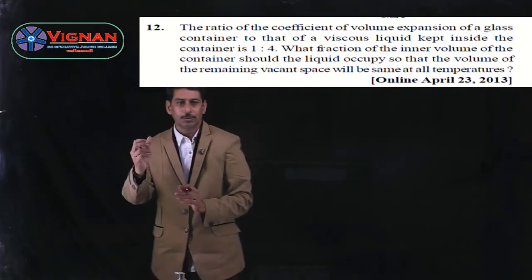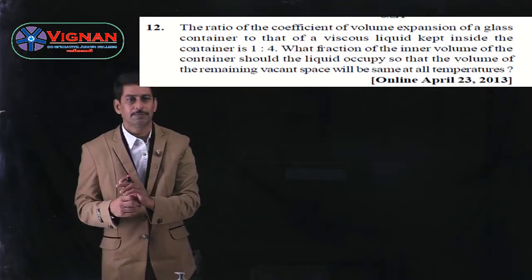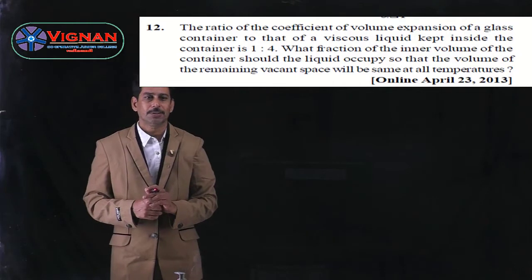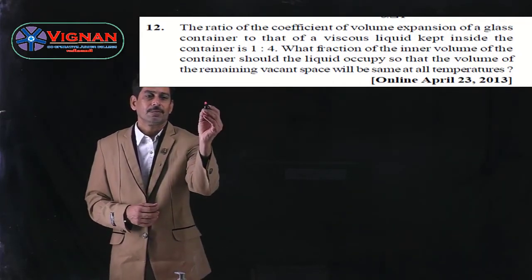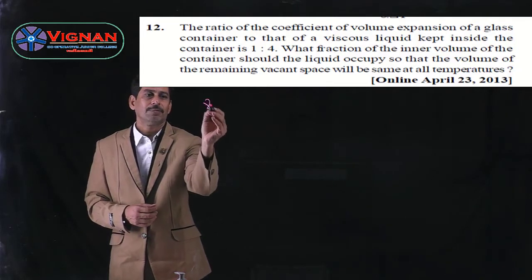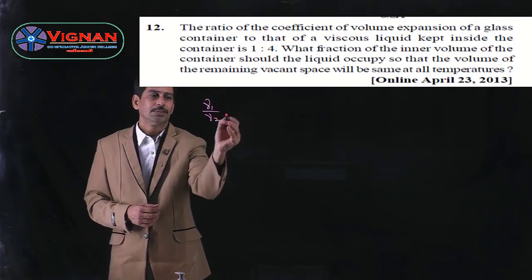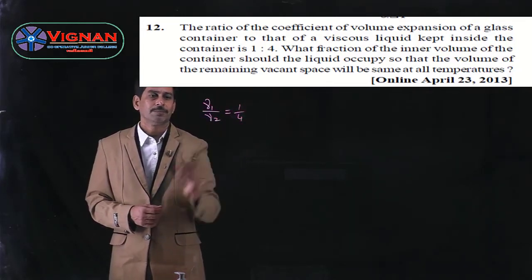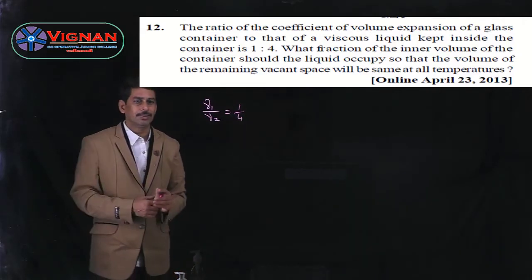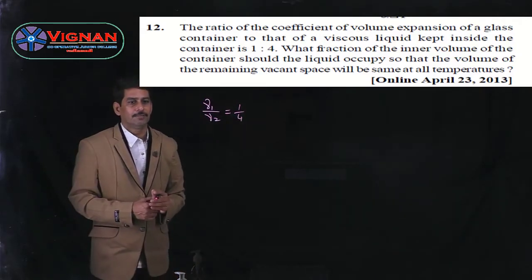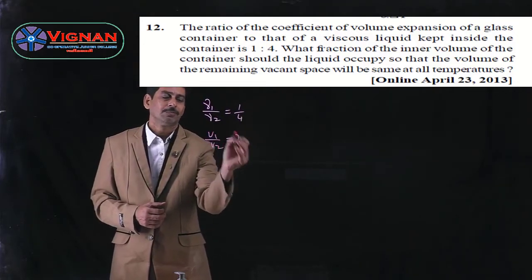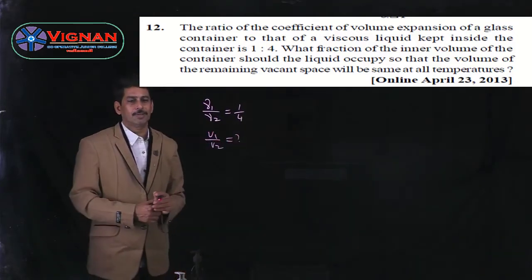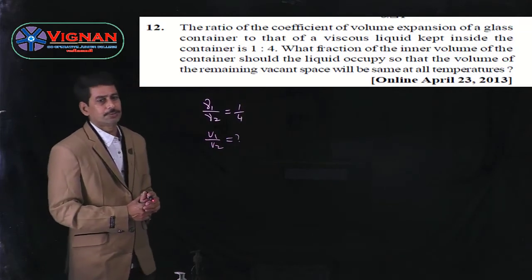So here the ratio of coefficient of volume expansion of the container to that of the liquid is given, so gamma 1 by gamma 2 is 1:4, and we are asked to find the fraction of the volume, that is, V1 by V2. And here the condition given is that the volume of the unoccupied space remains constant at all temperatures.